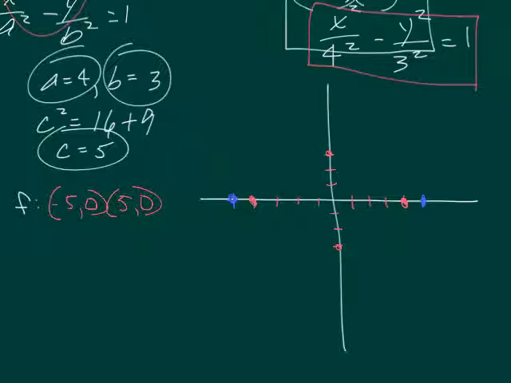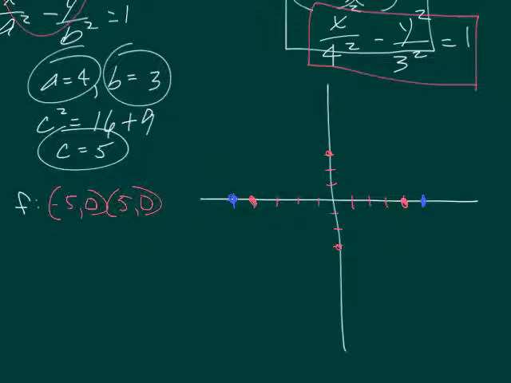Alright, now what I want you to do here is you can find the asymptote by doing y equals negative b over a x and y equals b over a x. You can do that, but I'm going to show you another way to do it that I think is a lot easier. Alright, what I need to do is look at the length of A, and remember A is my transverse axis, and it says A is 4.